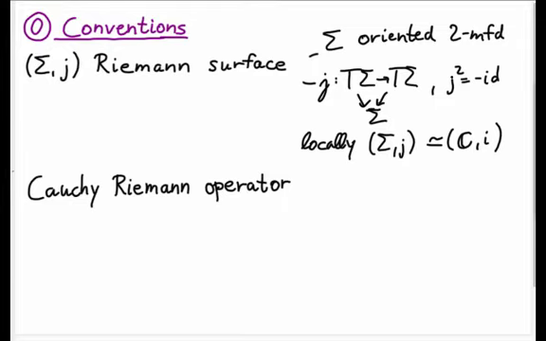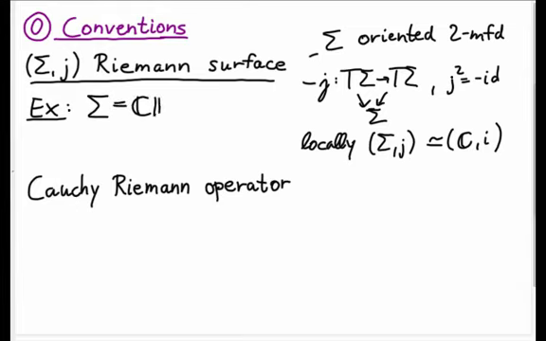So that's a Riemann surface, and the main example that we dealt with were spheres. The easiest way to think of them is as CP1 with J again i.